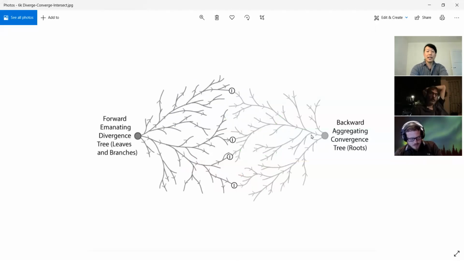The backward aggregating tree is the tree of all desire, all meaning, salience, and affordance, all the things that have meaning and purpose in your life. And the forward emanating tree is the reinforcement tree, the striatum-cerebellum circuit of all the behaviors reinforced to get those basic desires or escape pain. So that's a way of looking at what's happening with your life: this forward emanation that intersects with this backward emanation.